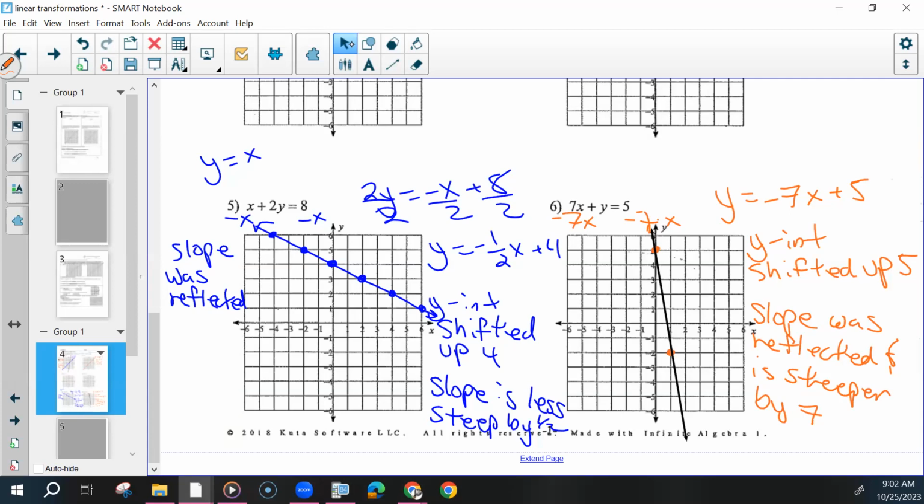When you try those on your own, I would say be careful because the graphs are counting by 2s instead of 1s. We are going to switch gears and go over review stuff.